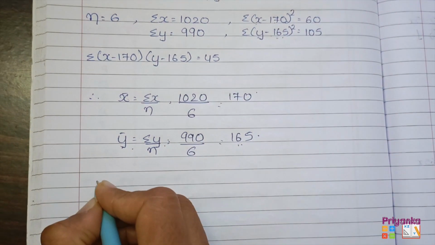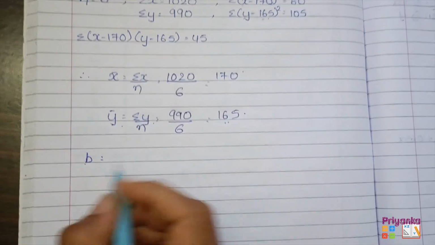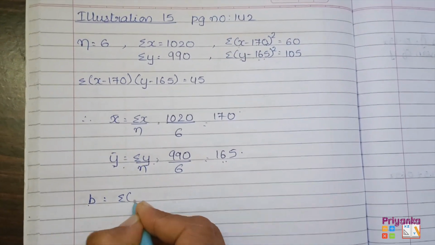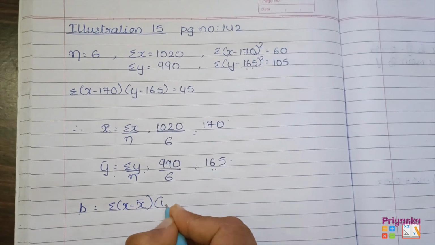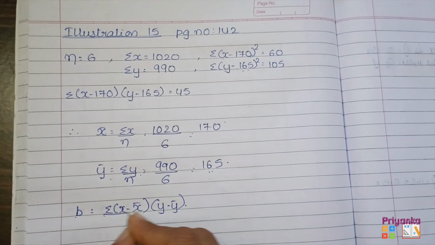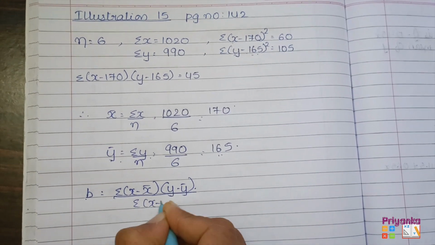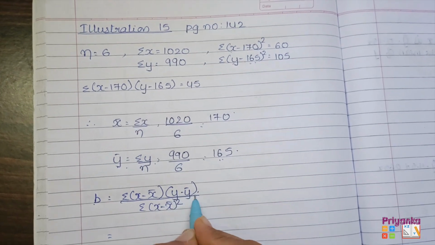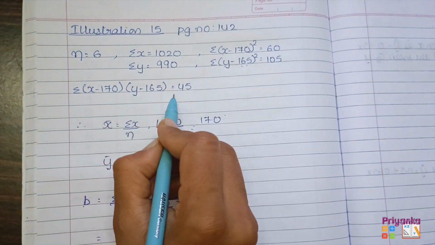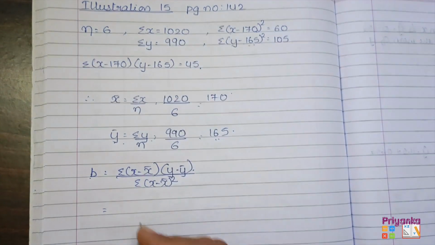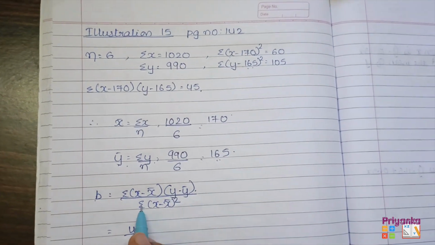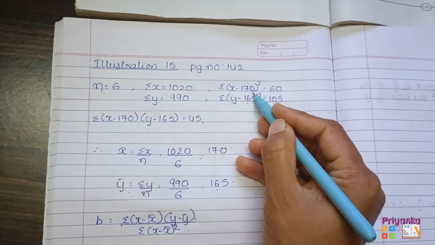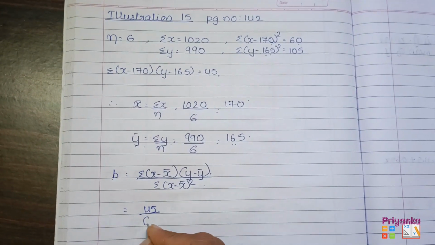So first we will find out the second step, to find out b, where out of this information the formula which will go is sigma (x minus x bar)(y minus y bar) upon sigma (x minus x bar) whole square. So first, sigma (x minus x bar)(y minus y bar), the value which we can see is 45, and sigma (x minus x bar) whole square, that is sigma (x minus 170) whole square, that is 60.